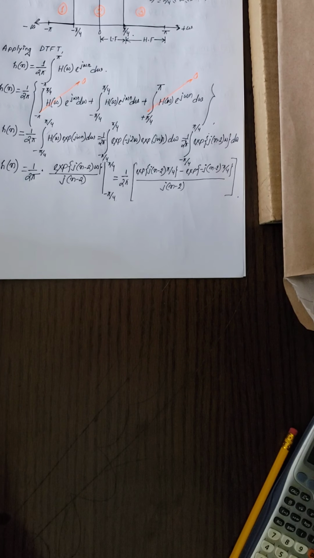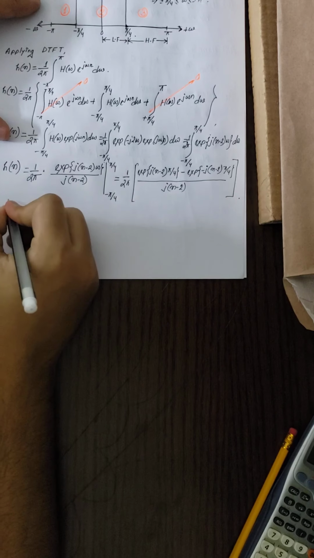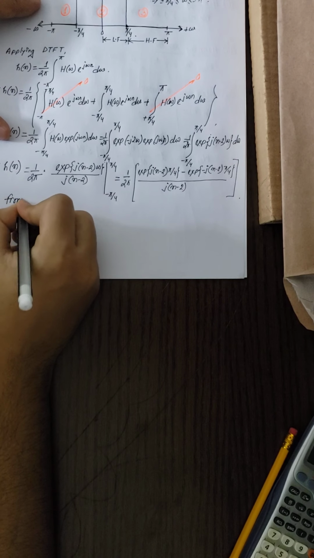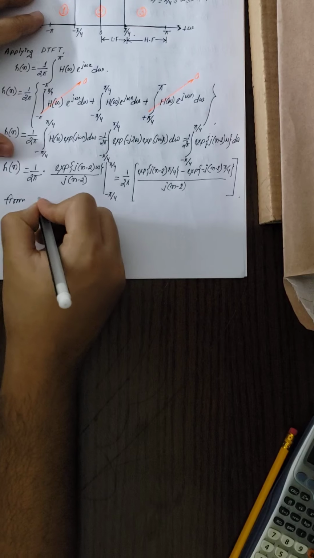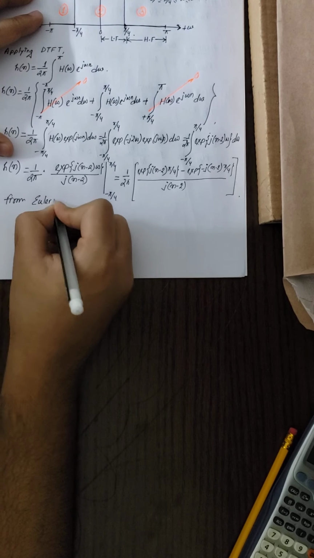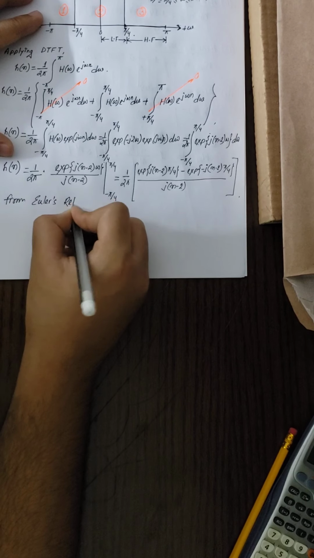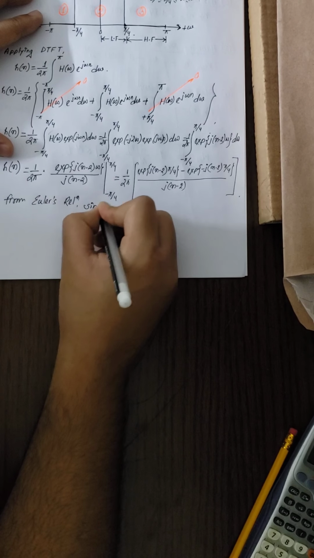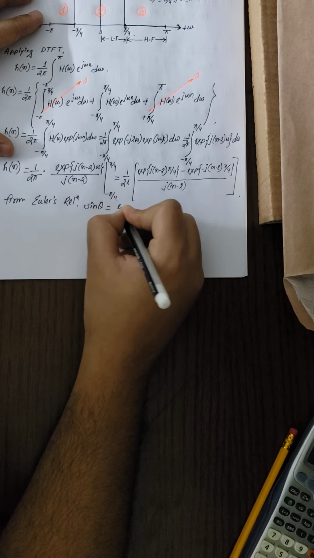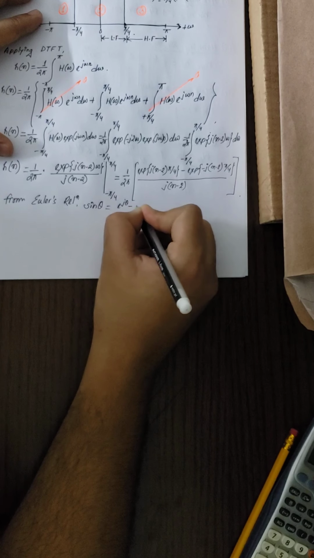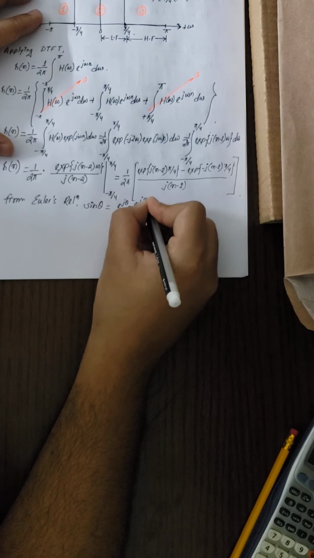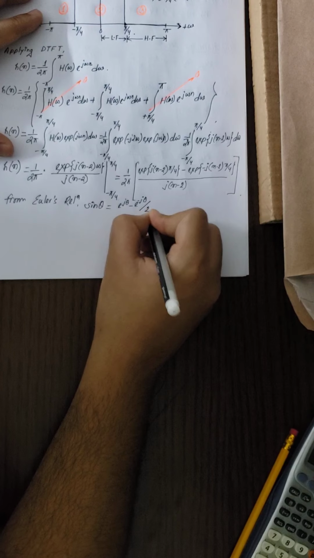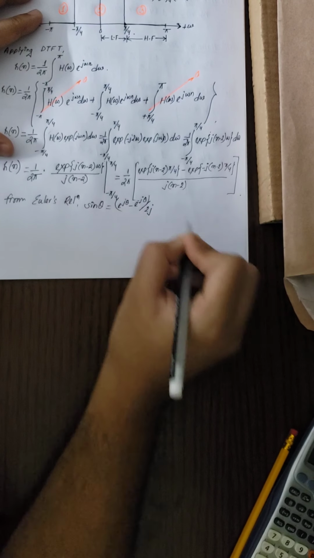So now from Euler's relation, we can simply write sine theta to be equal to e to the j theta minus e to the minus j theta over 2j.